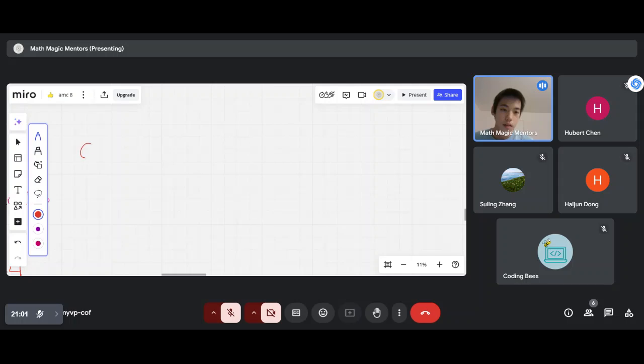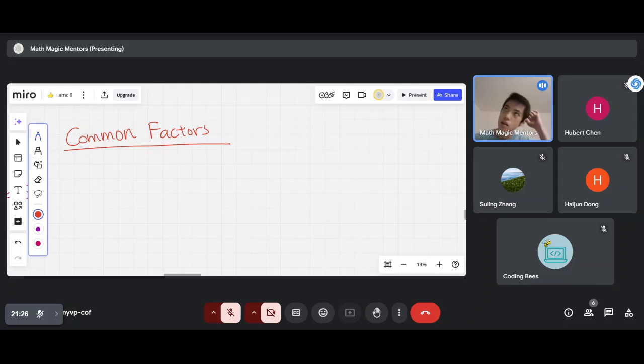All right, so our first technique that's not special factorization is common factors. So what can we do with this? Basically, the whole idea behind factoring through common factors is finding the greatest common factor of a sequence of terms.